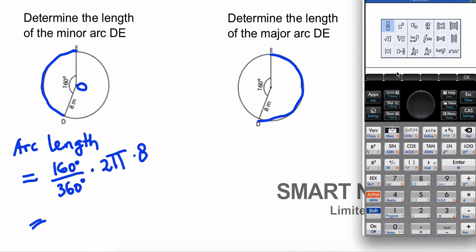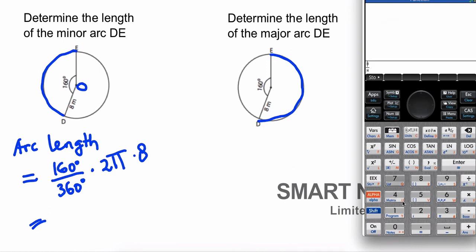You know that this button gives you the fraction, and we can just type 160 over 360, and we can do this all in one. So we will type 160 over 360, and then you have to be careful here. Now you are in the fraction, so if you want to go out of the fraction, you have to click this right cursor, and then we will multiply that by 2, and then pi.